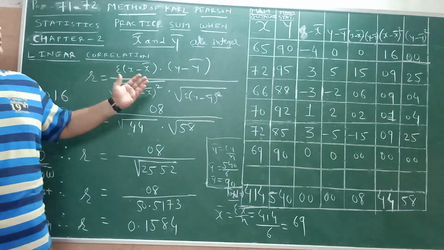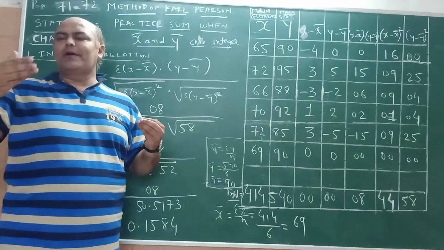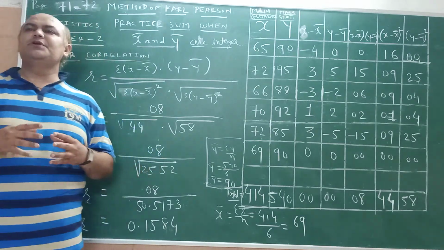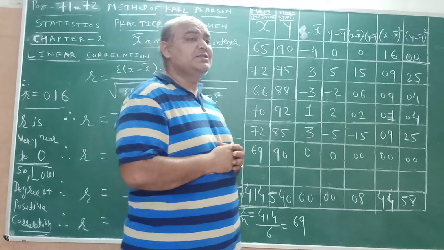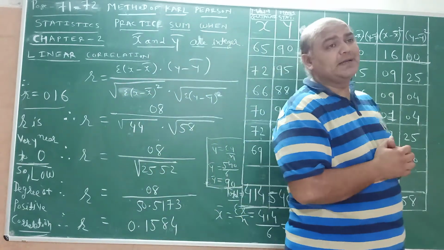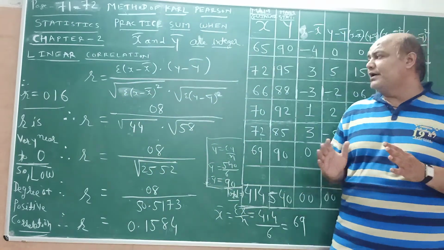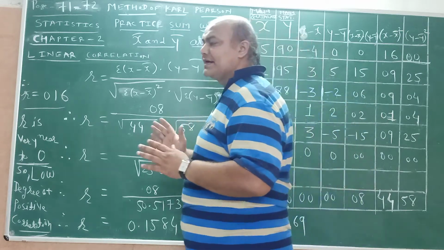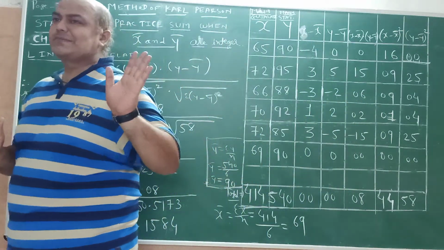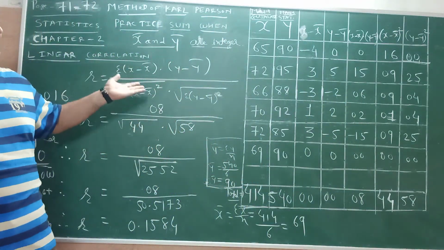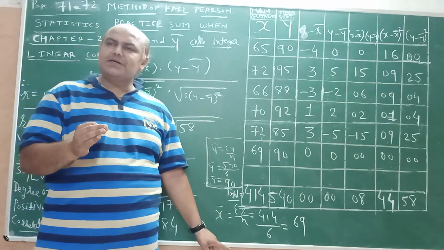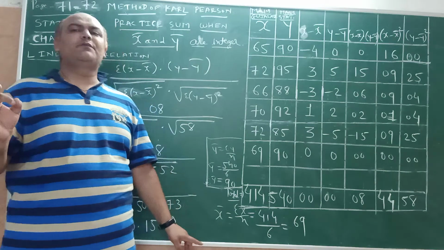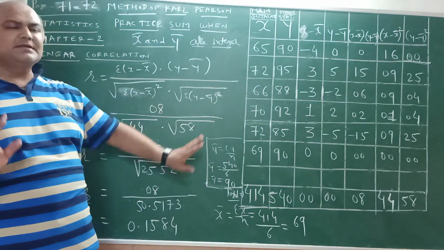Now I will explain to you in the next video lecture the sums of XY method as well as sums of UV method. I am quite confident that you all are able to understand the x minus x bar and y minus y bar method. Again I say, when x bar and y bar are integers, not in points, not in fractions, then we have to apply this method.